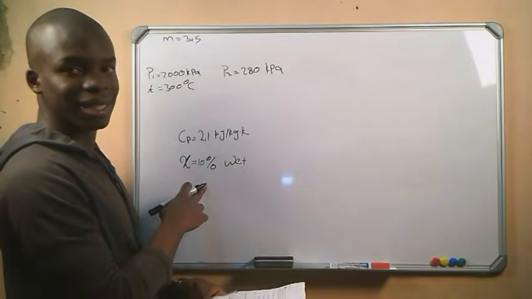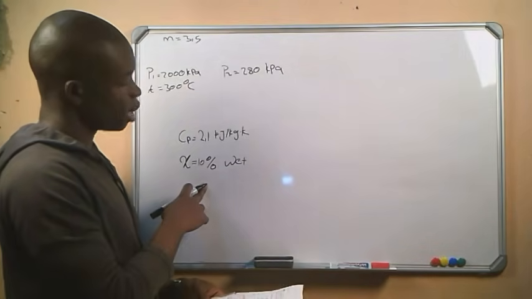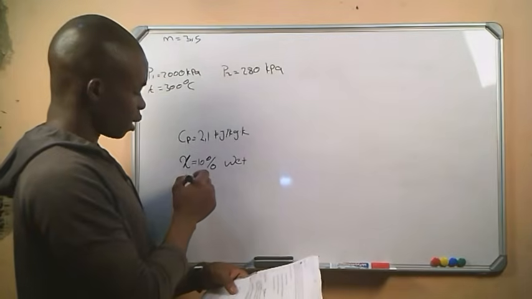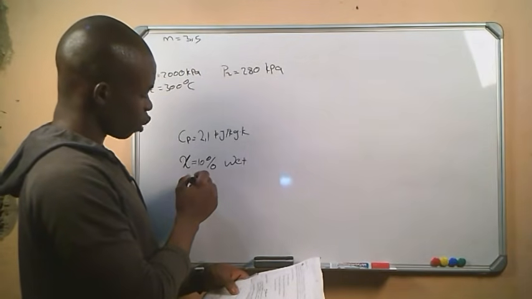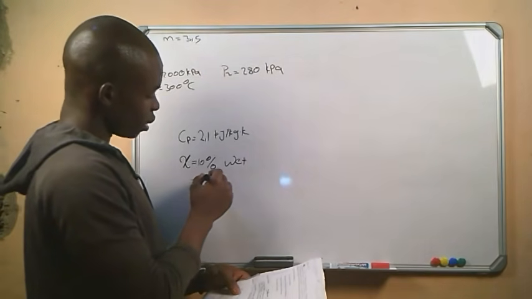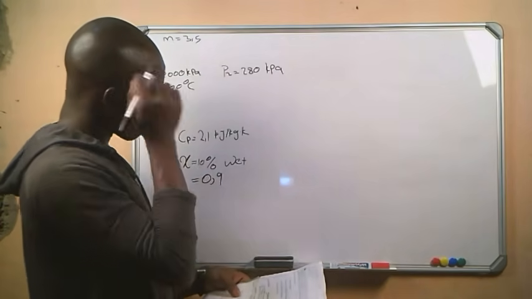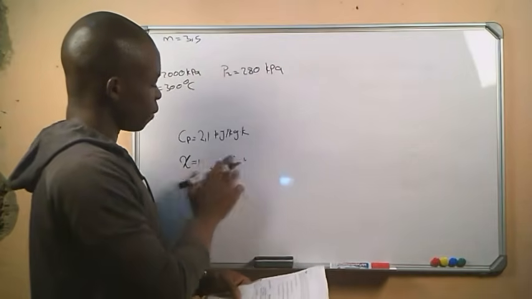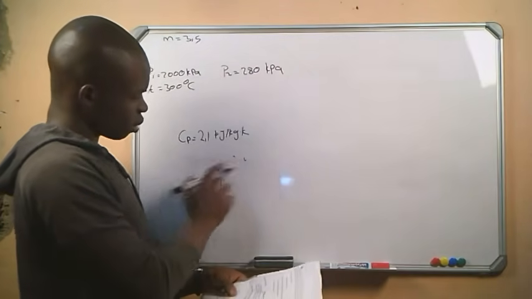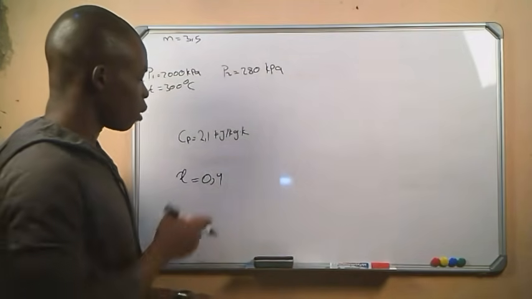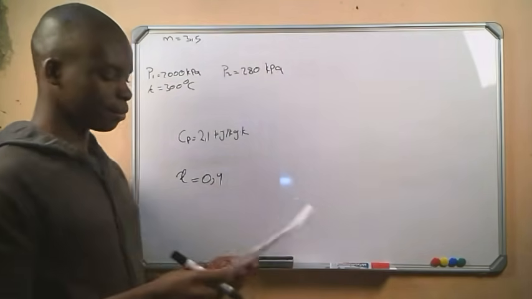10% of this steam is water. Those are the water droplets. And then we can conclude to say now this dryness fraction of the steam is 0.9, which is the amount of it that is dry.